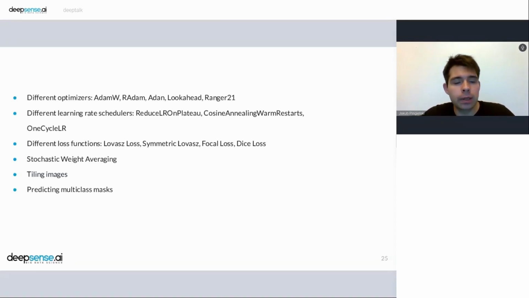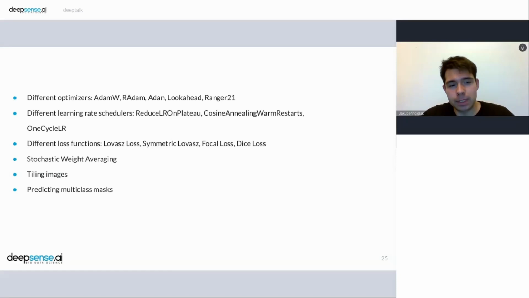Also, different learning rate schedulers such as Reduce on Plateau didn't help. I tried different loss functions, Lovasz loss or focal loss, which is also pretty popular in semantic segmentation competitions, but they did not improve my models. Many people on Kaggle recommended using stochastic weight averaging, so selecting different checkpoints during your training run and averaging the weights of your model from those checkpoints.